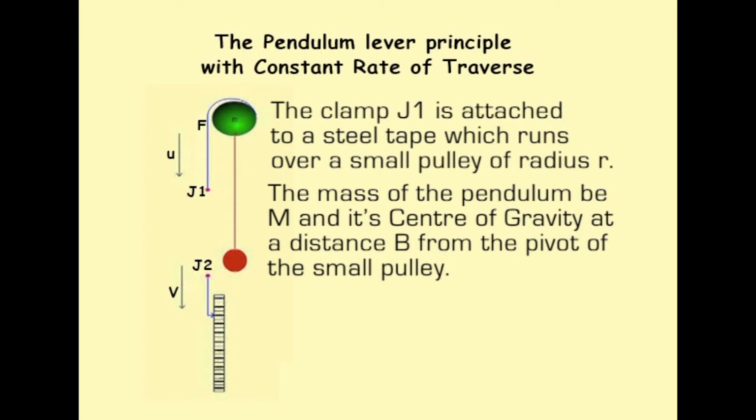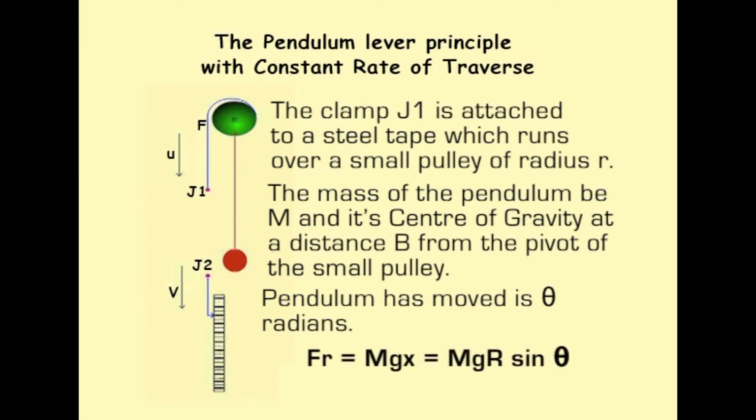Assuming the specimen to be inextensible and in the absence of any dynamic effects, let us consider the conditions at any chosen instant when the angle through which the pendulum has moved is theta radians. Taking moments about the pivot of the small pulley, the force times the radius is equal to the mass, center of gravity and distance, that is F r = m g b sin theta.